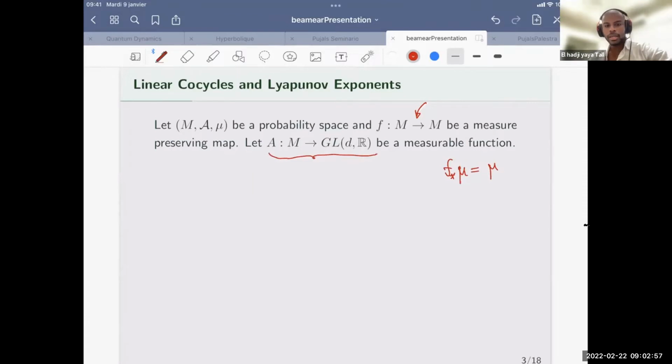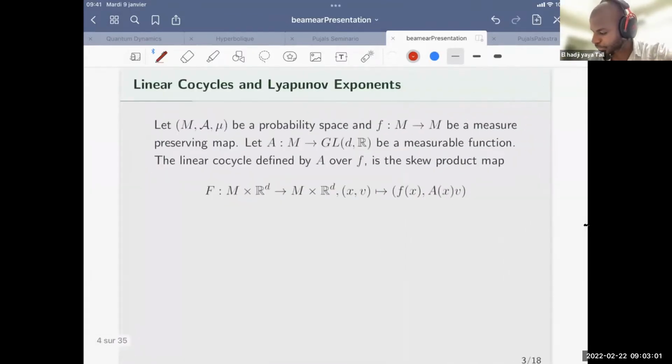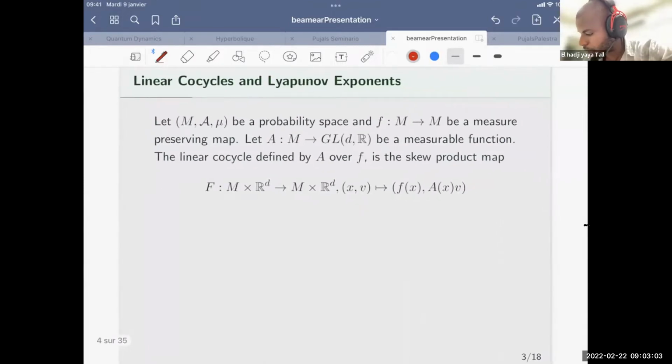A linear cocycle defined by A over f is a skew product map. Given (x, v), you associate as the first coordinate f of x, and at the second coordinate, you apply A of x, which is a matrix, to v. The idea behind is a kind of generalization of what we know of the derivative.